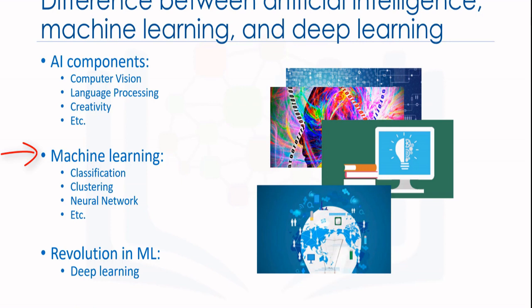It teaches the computer to solve problems by looking at hundreds or thousands of examples, learning from them, and then using that experience to solve the same problem in new situations. And deep learning is a very special field of machine learning, where computers can actually learn and make intelligent decisions on their own. Deep learning involves a deeper level of automation in comparison with most machine learning algorithms.